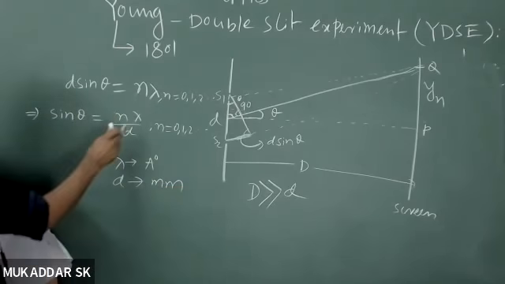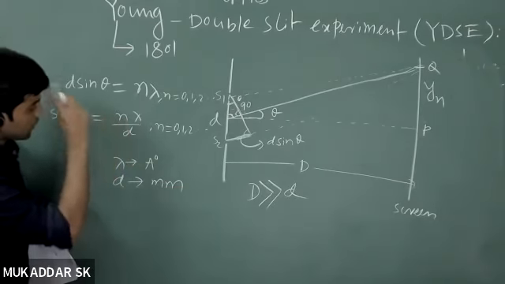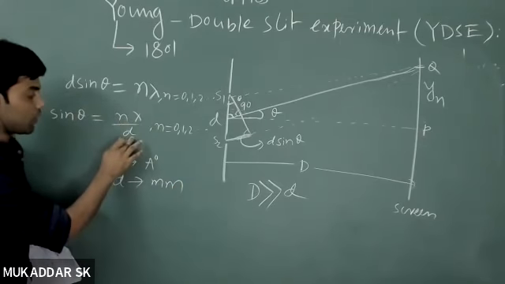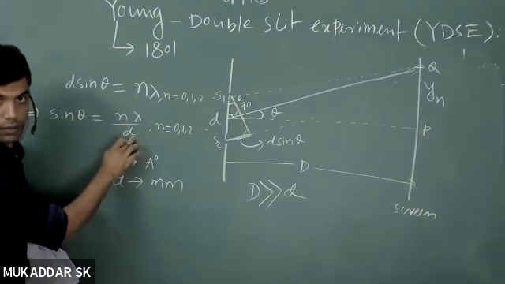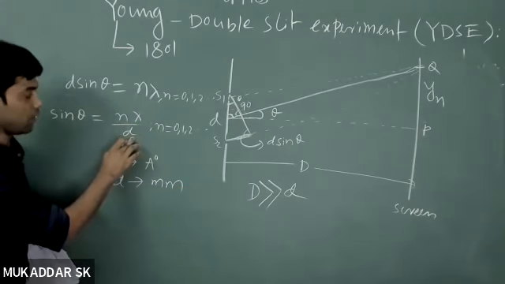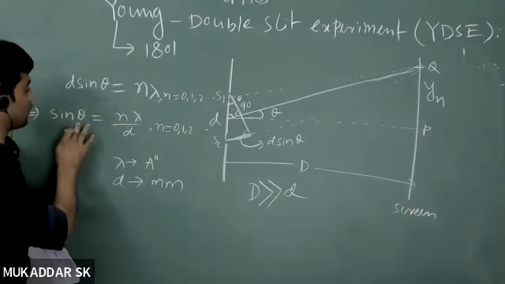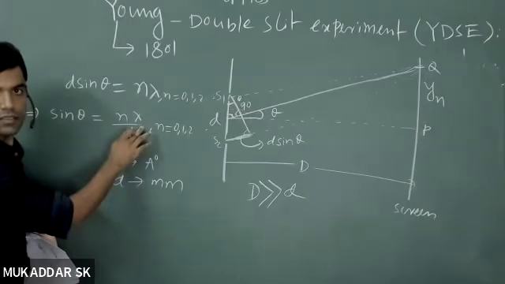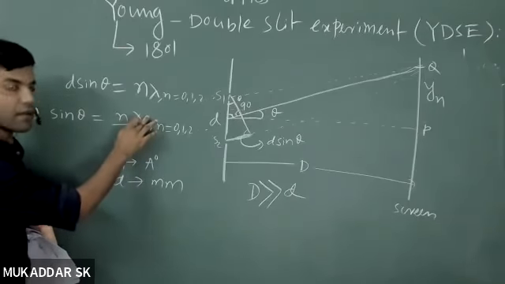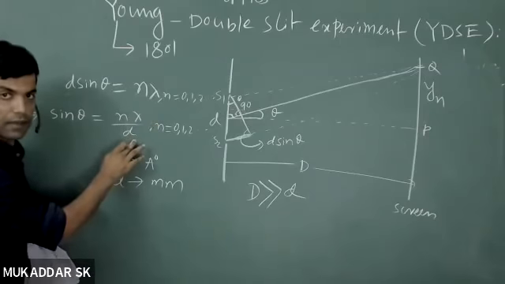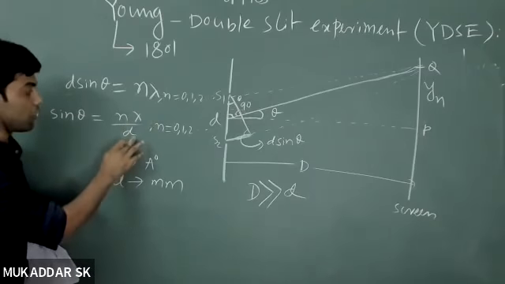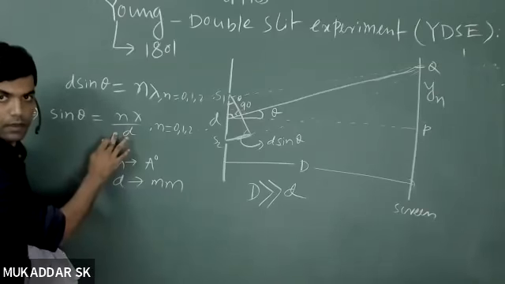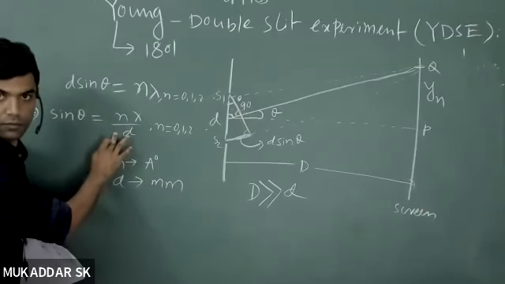Angstrom means 10 to the power minus 10, and d is of the order of millimeter, 10 to the power minus 3. So if you calculate this value of sin theta, you will get of the order of 10 to the power minus 7, which is very small.